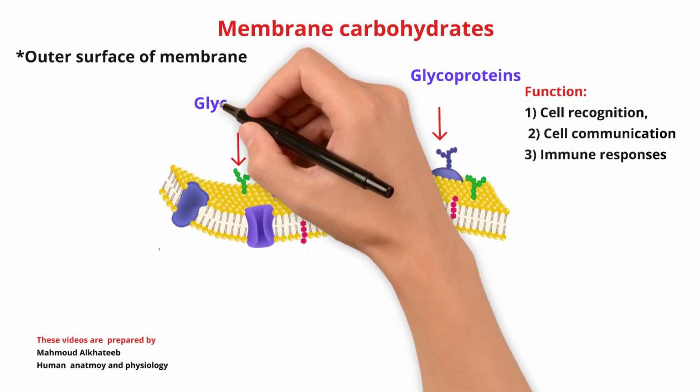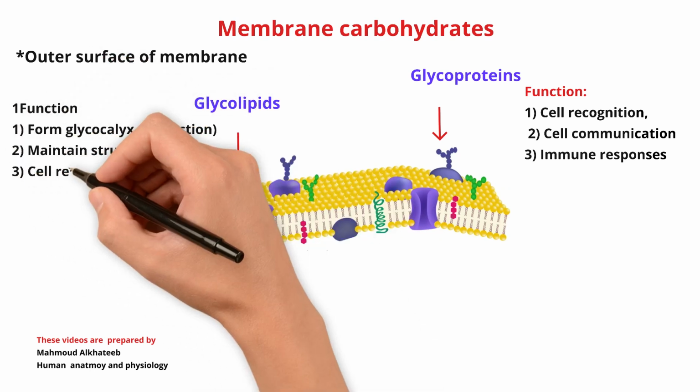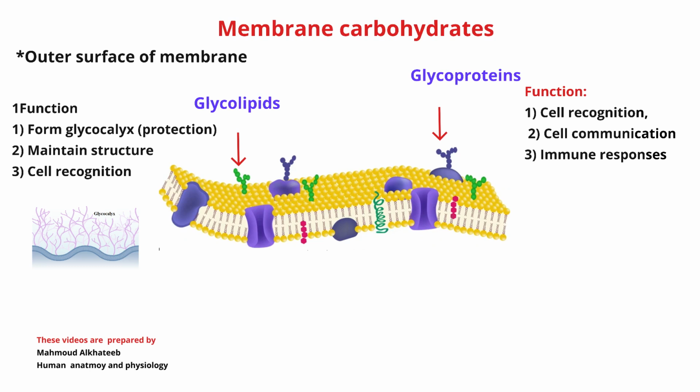Glycolipids are lipids with attached carbohydrate chains, contributing to cell signaling and forming the glycocalyx, a protective layer around the cell. Also, these carbohydrate-based molecules are crucial for maintaining the membrane structure, function, and ensuring proper cell interactions.